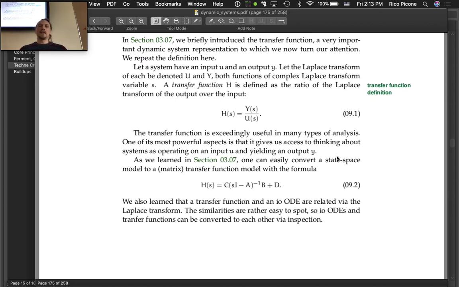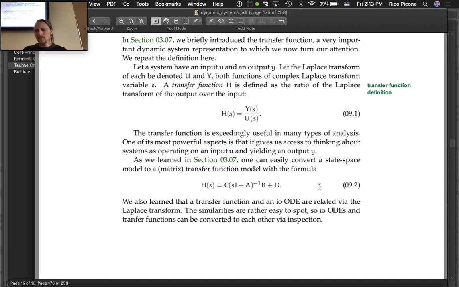As we learned in lecture 3.7, one can easily convert a state space model to a matrix transfer function model with formula 9.2. This is what we use to go from a state space model to a transfer function model. Relating a transfer function to an input-output ODE is quite easy to do by inspection; you just go through the argument once. This is the key formula that takes us from a state space model to a transfer function model.